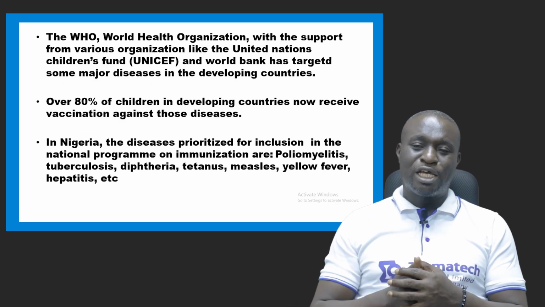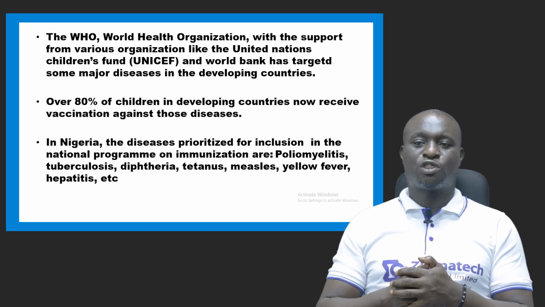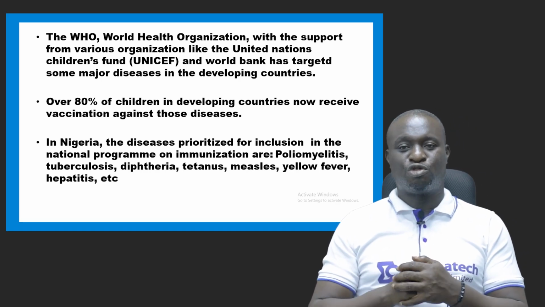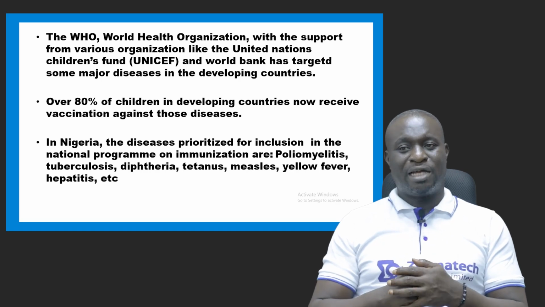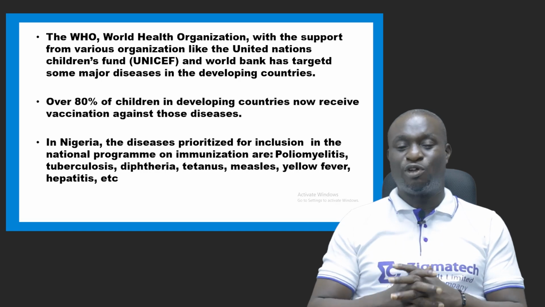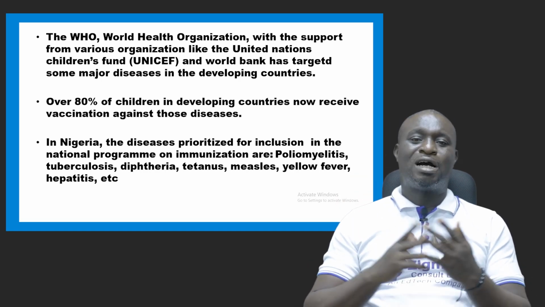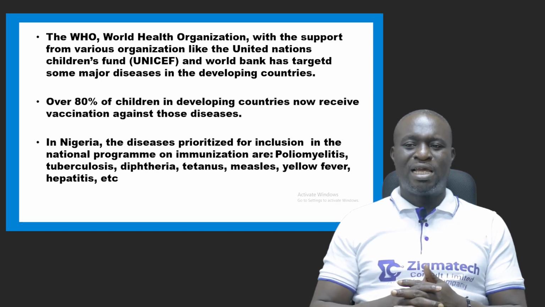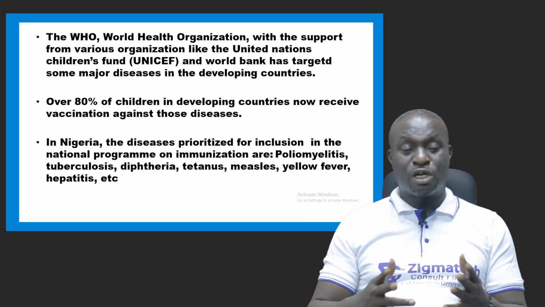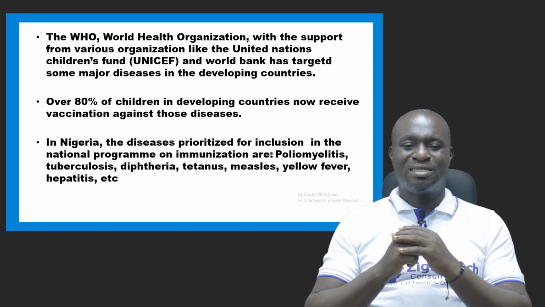Now, the WHO, which is the World Health Organization, with support from various organizations like the United Nations Children's Fund, that's UNICEF, and the World Bank, has targeted some major diseases in developing countries in order to drastically reduce them. Now, over 80% of children in developing countries now receive vaccination against these diseases.